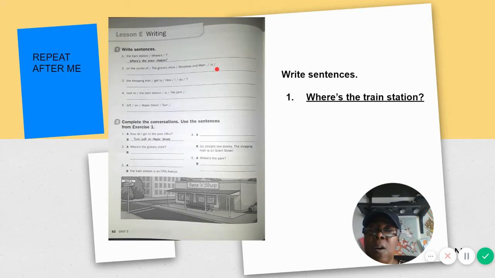So you'll notice in all of these, they have the punctuation mark at the very end. So they don't want you to forget to use the punctuation mark. When we ask a question, we use a question mark. When we make a statement, we use a period. So here we have on the corner of, the grocery store, Broadway and Main, is, and period.